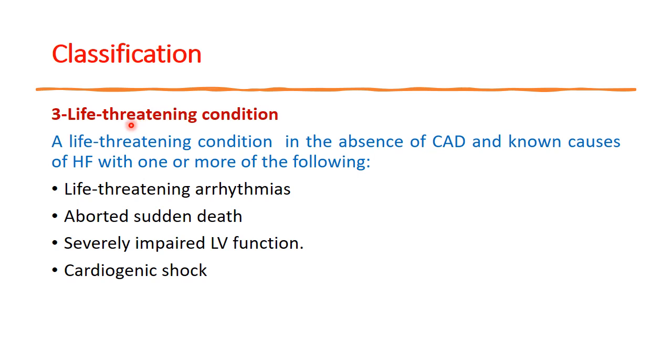The third presentation of acute myocarditis is a life-threatening condition in the absence of coronary artery disease and in the absence of a known cause of heart failure, with one of the following scenarios: life-threatening arrhythmias, including ventricular arrhythmia, aborted sudden death, severely impaired left ventricular function, and cardiogenic shock.